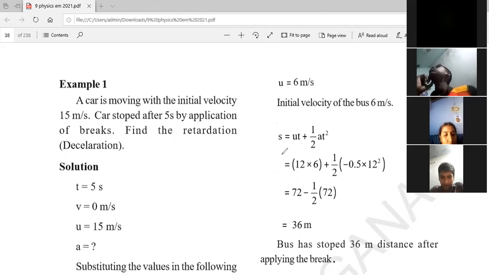And now we need to find the distance traveled by the bus after applying the brakes. To find the distance, we take s equals ut plus half at square.